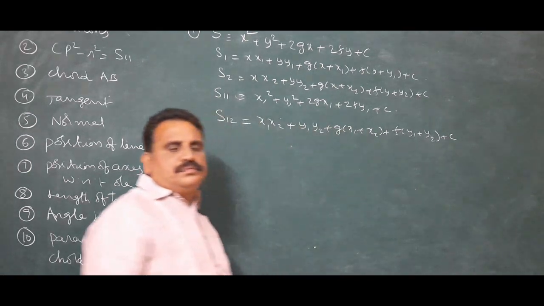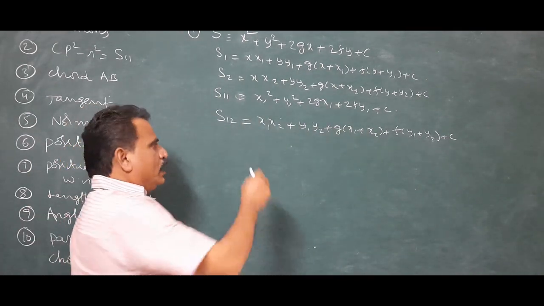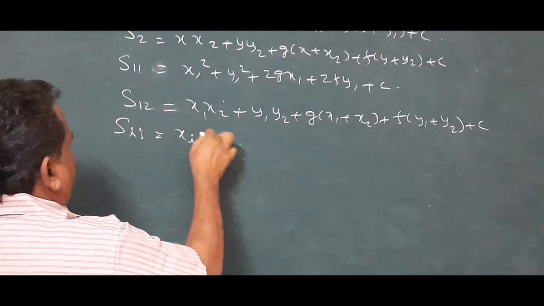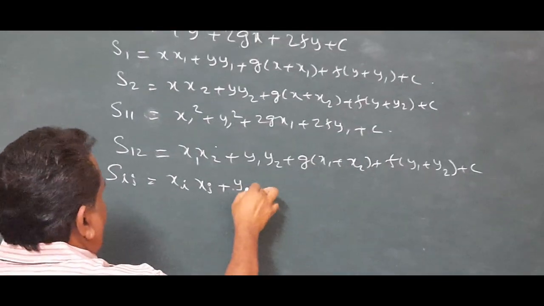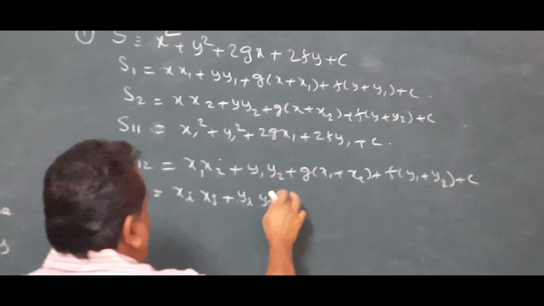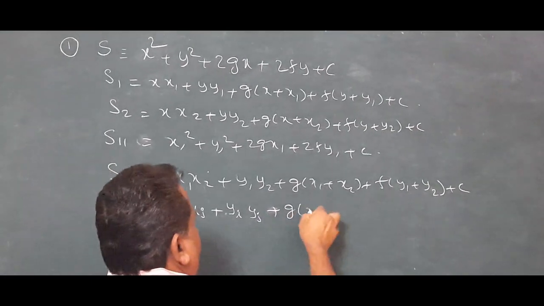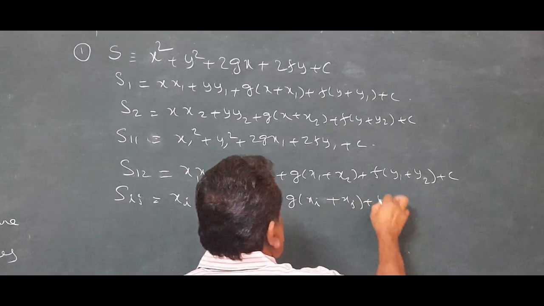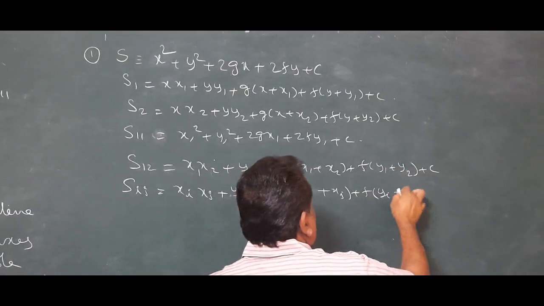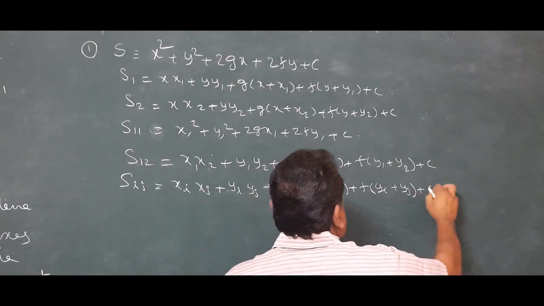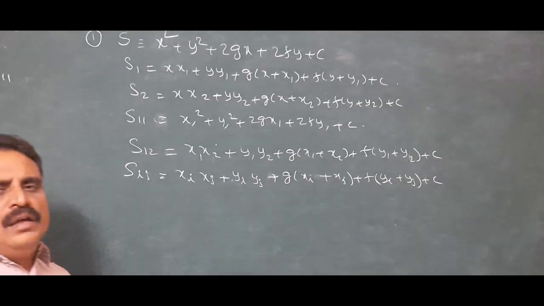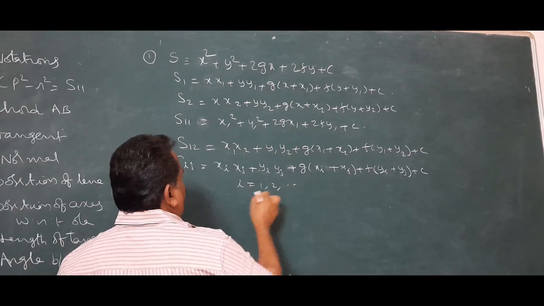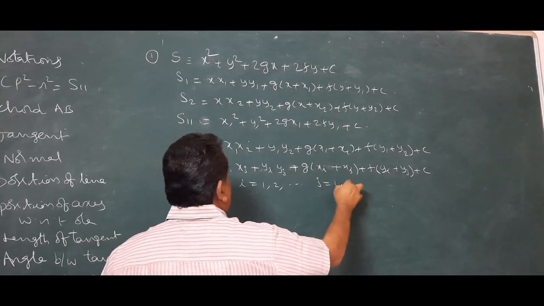In general, Sij equal to xi xj plus yi yj plus g into xi plus xj plus f into yi plus yj plus c. Here i equal to 1, 2 and so on. j also takes the values 1, 2 and so on.